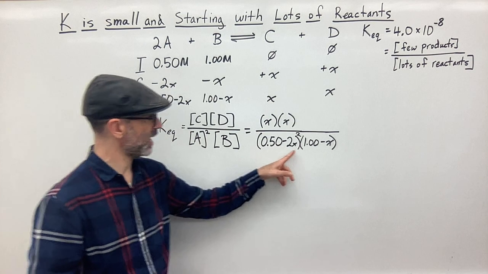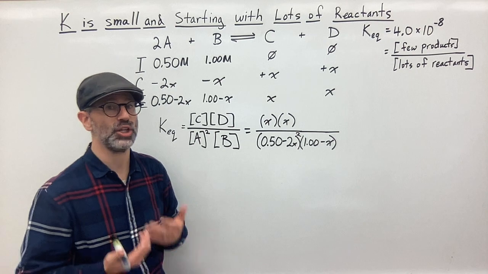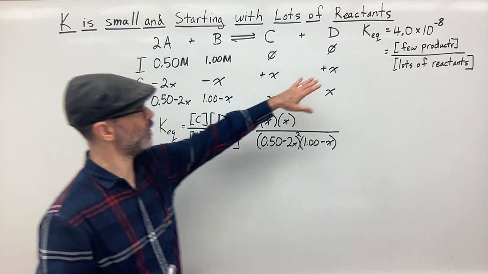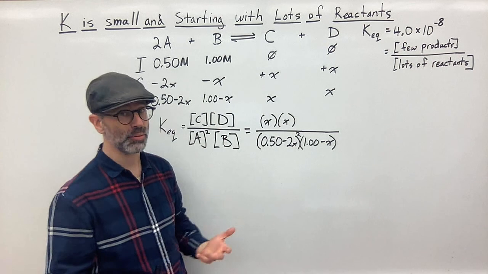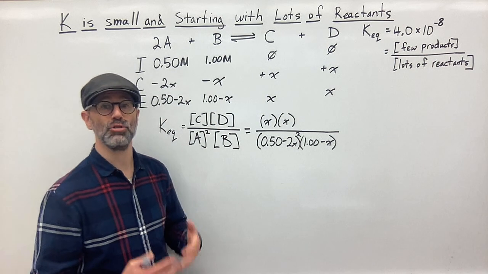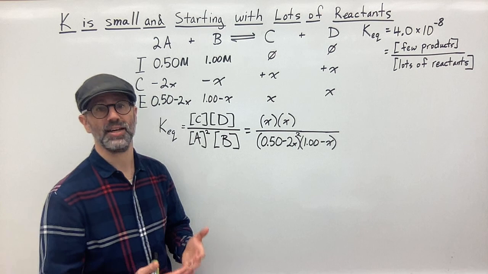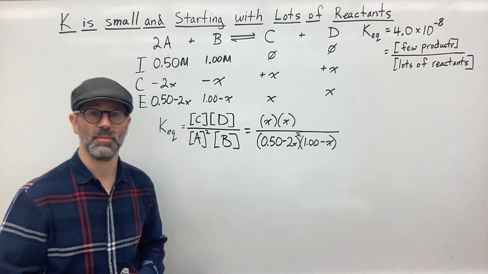So if that's the case, then I can ignore these. Now, I don't necessarily know if that's the case. I have a very good hunch that based on how small this is, it's most likely going to be valid, but you always want to do a 5% rule check at the end when you solve for x, and I'll show that in a moment.